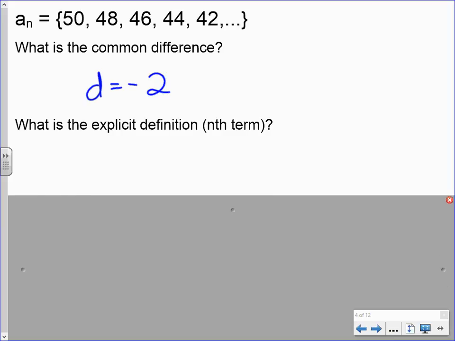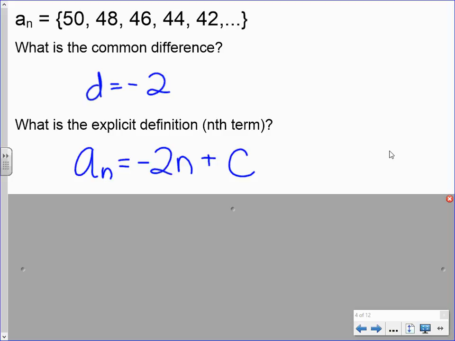If we are going to write the explicit definition, remember this is also called the nth term. That common difference is acting like our slope. So we need -2 times n plus something. The way that I would do this is I would think, if my first term is 50, what does this number need to be so that when I plug in 1, I get 50?